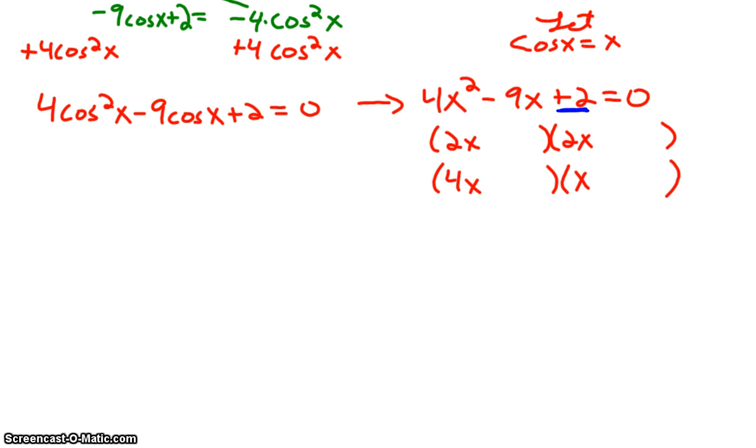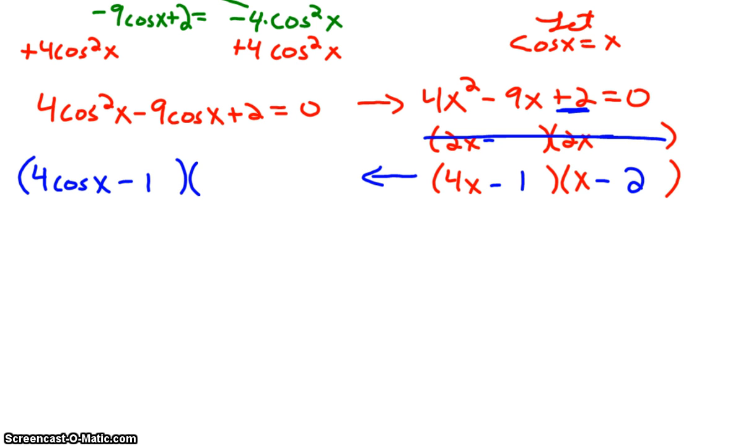I see to get to 2, I'll need 2 negatives in either one, and then I need a 2 and a 1. The one that will work out for me then would be, let's see here, need a 9, so a minus 1 and a minus 2 here. So I'll use my 4x, which means over here I'm going to have a 4 cosine x minus 1 times a cosine x minus 2 if I revert back to every x equaling cosine x.